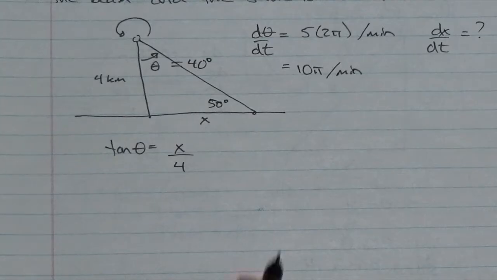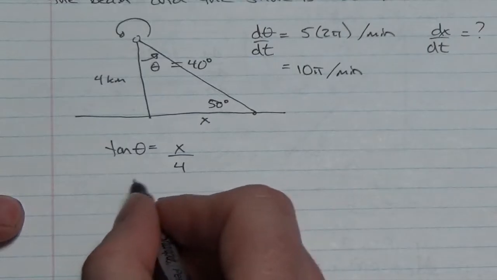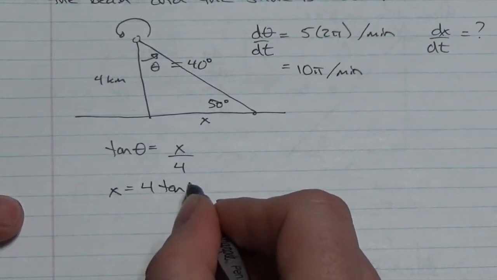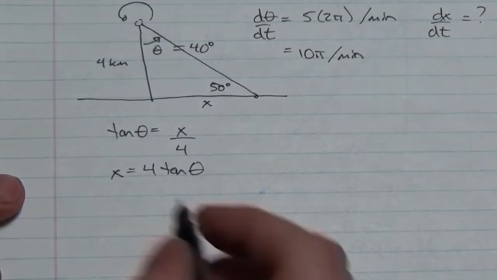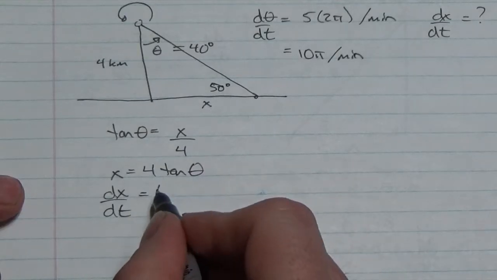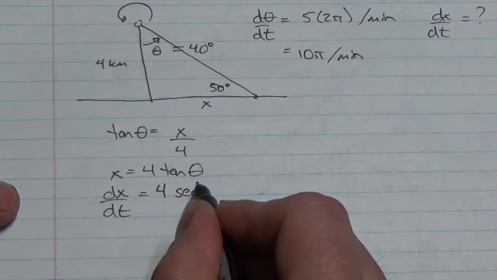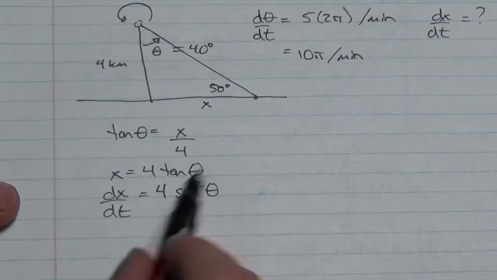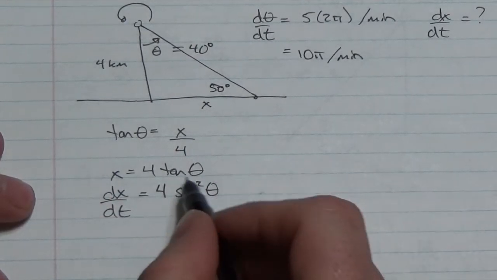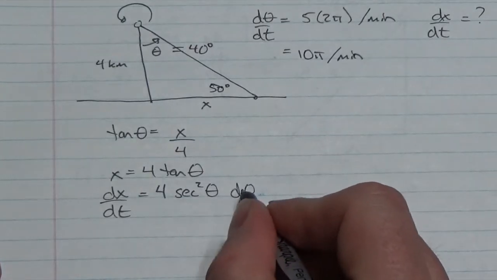Okay? I am looking for dx by dt. So even before I get into it, I'm going to bring that 4 up, make this x equals 4 tangent of theta. So now dx by dt, which is what I'm looking for, is going to be 4 times the derivative of tangent, secant squared theta, and because theta changes with respect to time, not only do I take the derivative of the function acting on theta, but I have to take the derivative of theta as well.